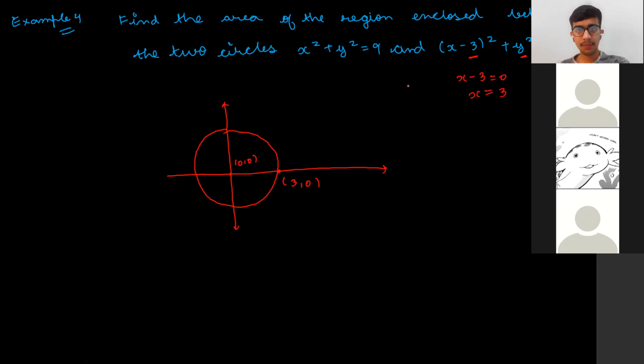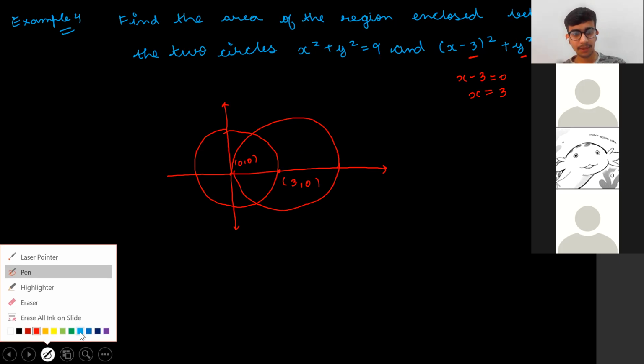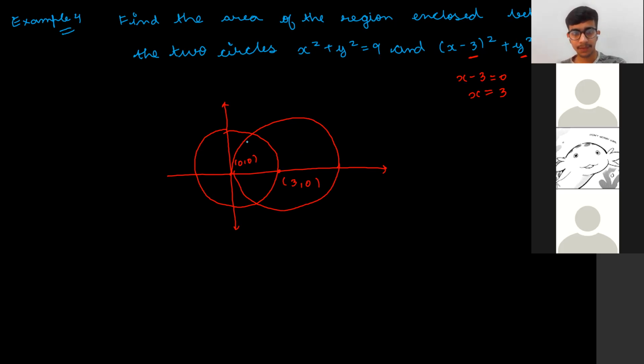So the center is 3, comma 0 and again the radius is 3. So the second circle looks something like this, right? Both of these are identical. So the area which we have to calculate is this whole area in between them.